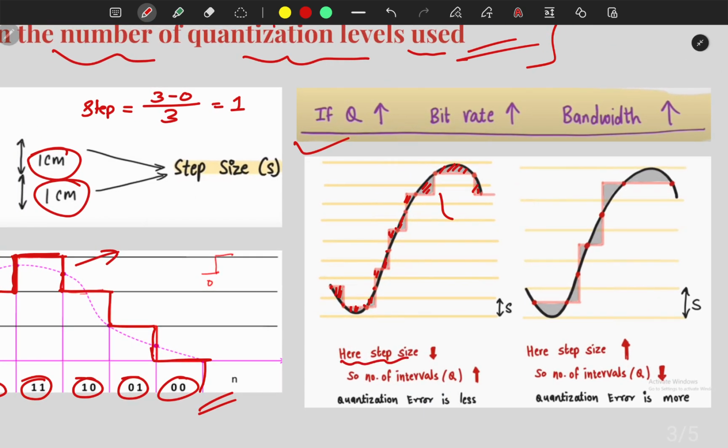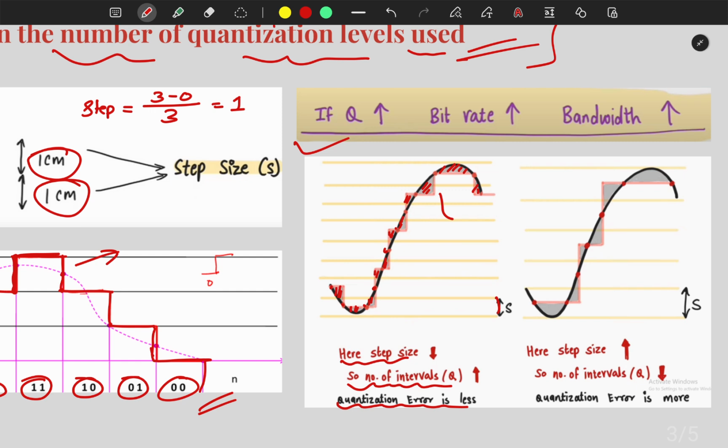So here the step size is decreasing. If the step size decreases, the number of intervals q increases. What does it mean? If the step size decreases, then to connect these dots we need to increase the number of intervals, so the quantization error is less. As we see here, as the number of intervals increases, after taking the approximate value, our approximate value is more likely to be close to the actual value.